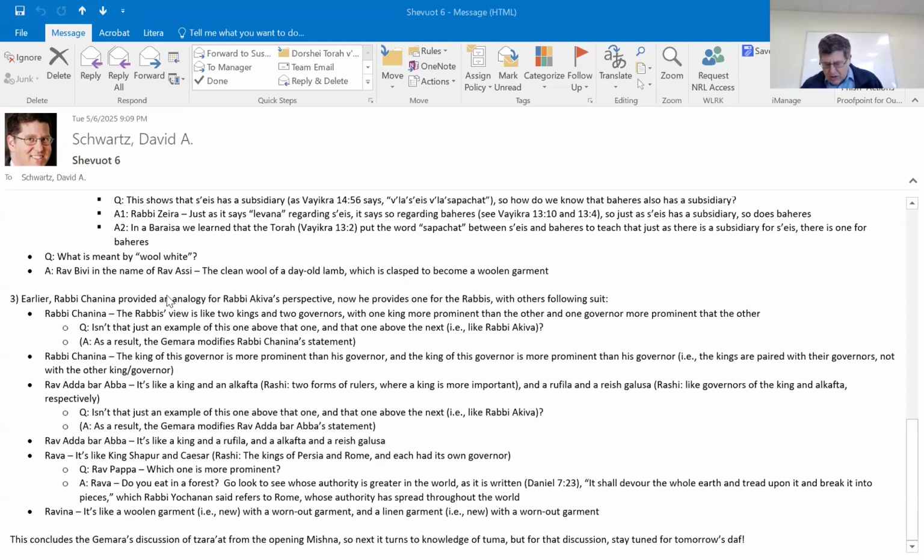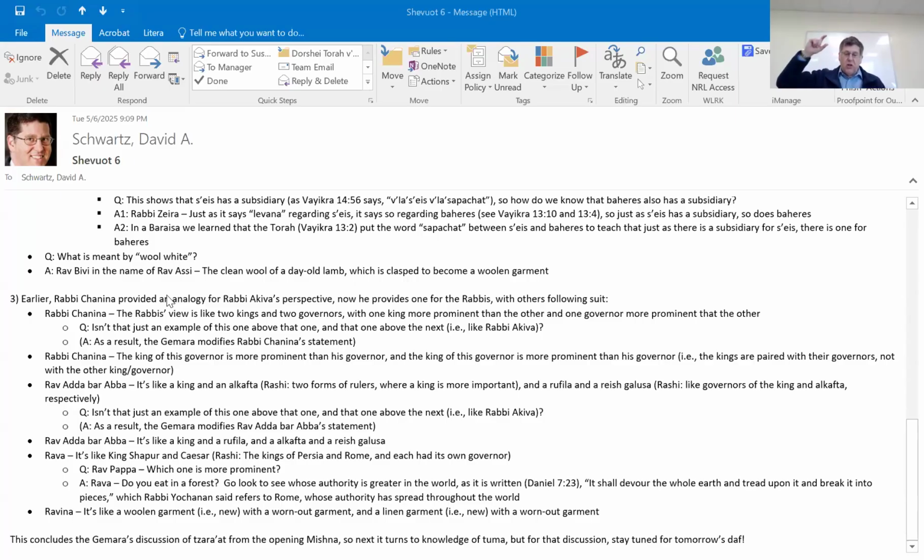Is the most white the linen one, or is the most light the wool one? I would think that the most light is the linen one, and that we have the linen white is the highest. Then you have the wool white, and then you have the linen used, and then you have the wool used. But the idea, the rabbis' analogy, is that you only focus on the two that go together.